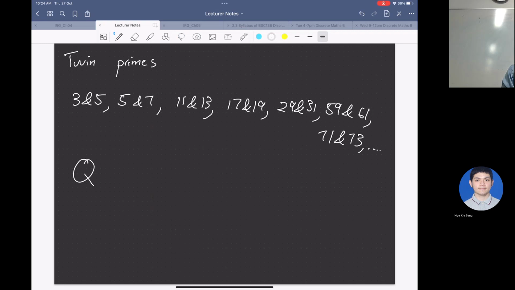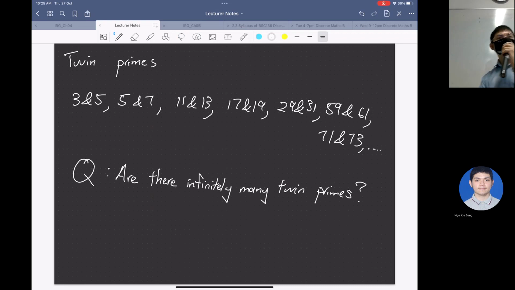So the question is, are there infinitely many twin primes? Are there infinitely many twin primes? What do you think?